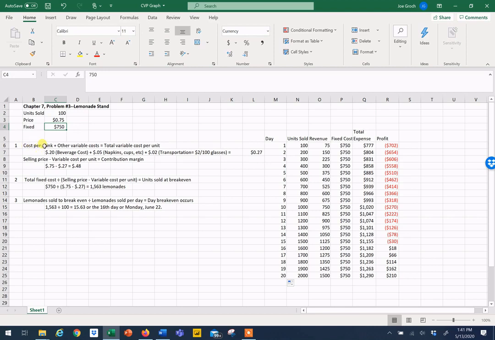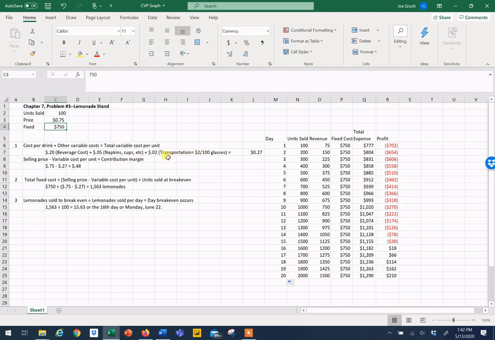Well, if we take the cost per drink plus his other variable cost, that's going to give us our total variable cost per unit. We know that contribution margin is the selling price minus the variable cost per unit. His beverage cost, as we talked about, was 20 cents. His napkins, cups, and other stuff is 5 cents. And then 2 cents for transportation. That's a little tricky.